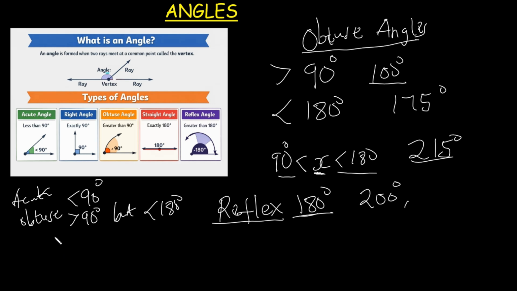And then a right angle is an angle which is exactly equal to 90 degrees, and then a straight angle is an angle which is equal to 180 degrees, and then a reflex angle is an angle which is greater than 180 degrees. So as you can see, if you know this basis, if you can identify an acute angle, obtuse angle, a right angle, a straight angle, and a reflex angle, it is a very good start for you to master angles.